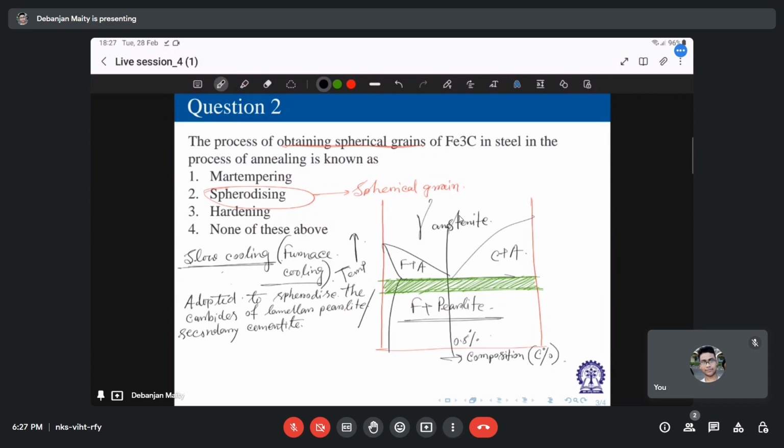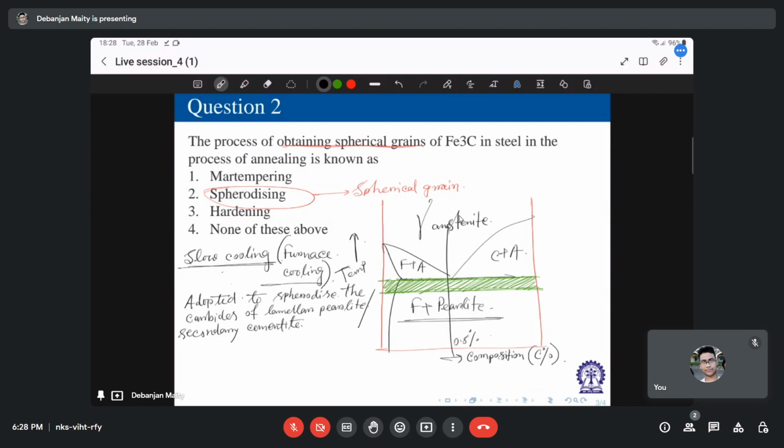And these kinds of structures are basically produced by the quenching process, right? So you do some oil or water quenching to get these hard structures like martensite and troostite, and spheroidized annealing can be used to transform those to induce some ductility.